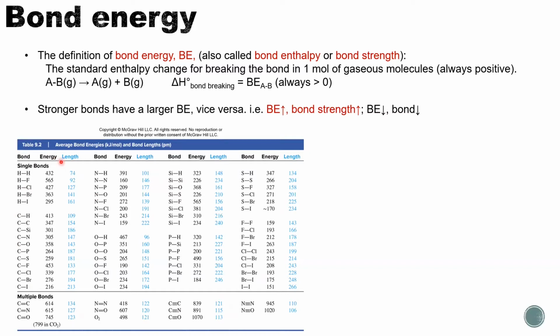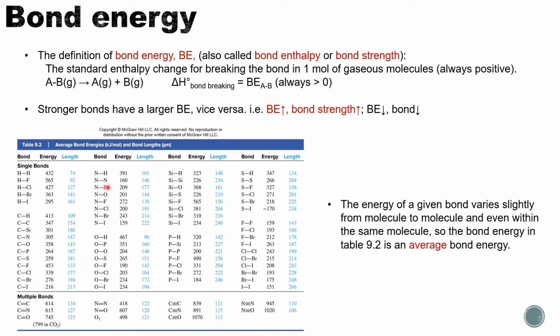One thing to pay attention to is that the energy of a given bond varies slightly from molecule to molecule and sometimes even within the same molecule. So the bond energy in table 9.2 is an average bond energy. For example, the carbon-carbon single bond has a bond energy of 347 kilojoules per mole, and that's the average of all the carbon-carbon single bonds in all of the compounds in the world. So it's just an average bond energy.